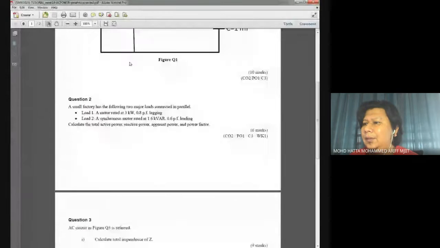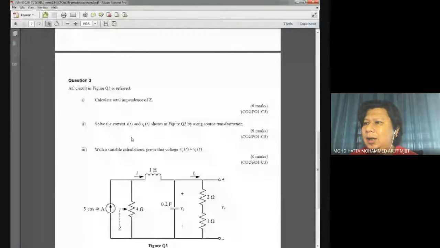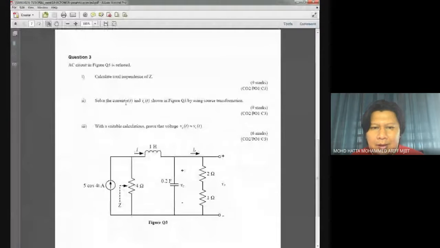And if you have a question like this, solve current I of t with a bracket of t, it means you need to present your answer in sinusoid form. Okay, this is the pattern of the question, but if you cannot present the answer in sinusoid form, it does not mean that you're going to lose all the marks, but you cannot get full mark on that.